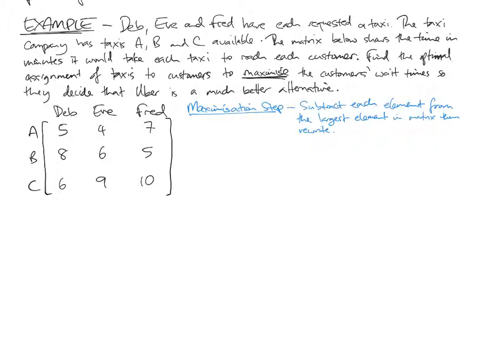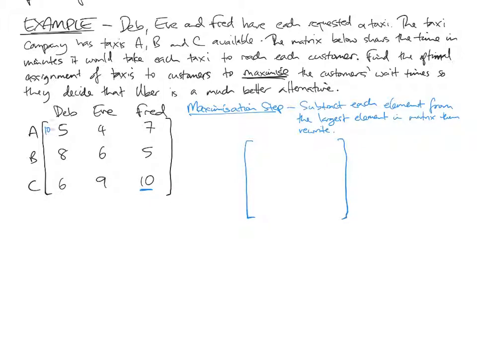So first step is the maximization step. Subtract each element from the largest element in the matrix, then rewrite. The largest element in the matrix is 10, so I'm going to rewrite this matrix with each element subtracted from the largest. So what are we doing?